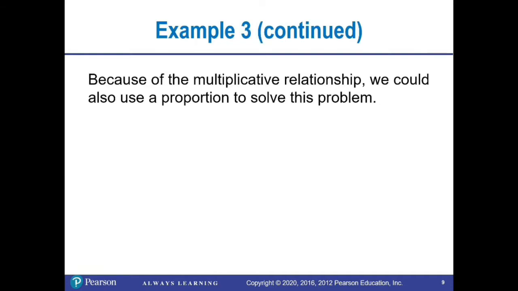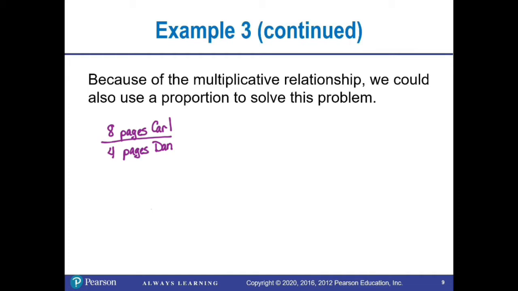Because of our multiplicative relationship in this example, we could also use a proportion to solve this problem. So Carl typed 8 pages and Dan typed 4 pages. So we have our first ratio, 8 pages of Carl for every 4 pages of Dan.